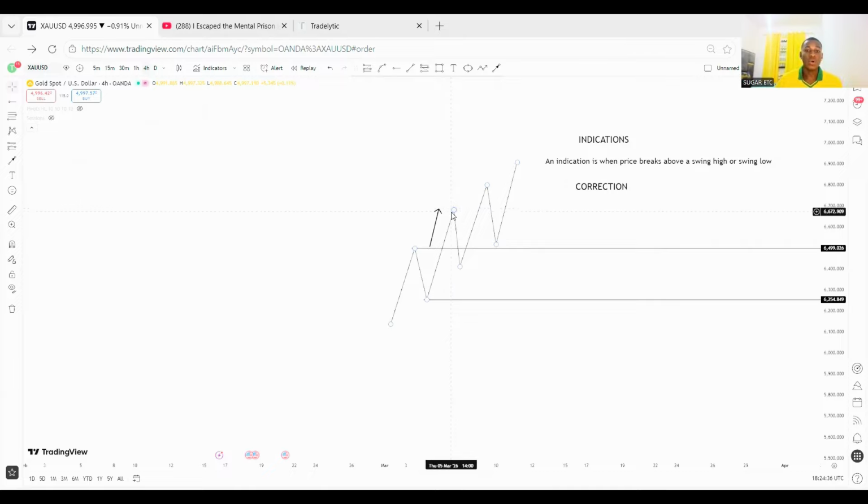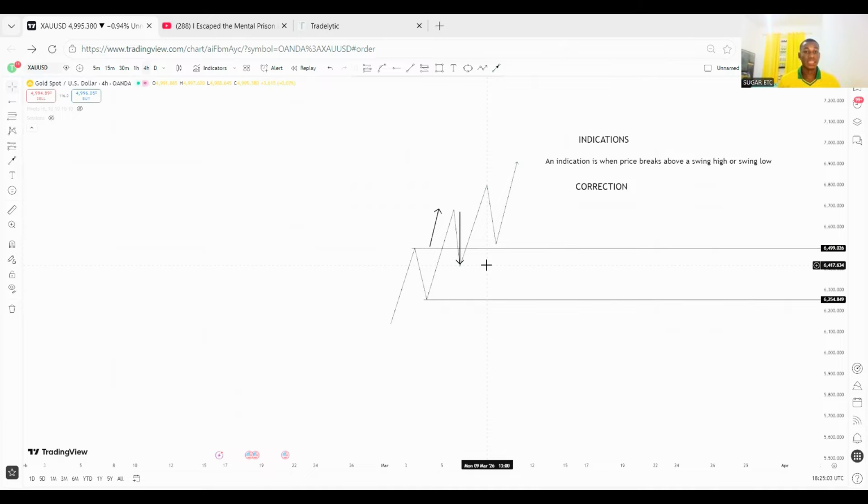right? Price goes up. This is how price moves. This is an uptrend. It goes up, comes down, goes up again, comes down again, goes up again, comes down. Once price goes up, expect to see price come back down for the continuation, right? So this down, this little reaction from sellers, this is called a correction.